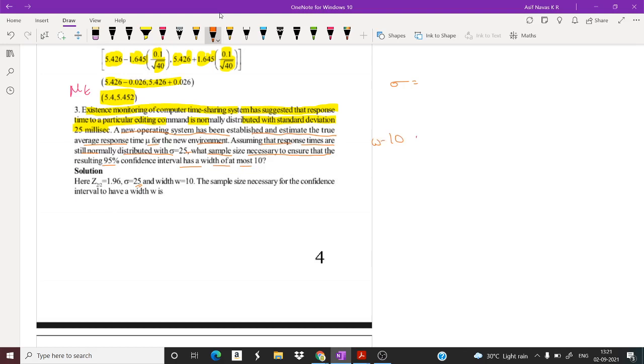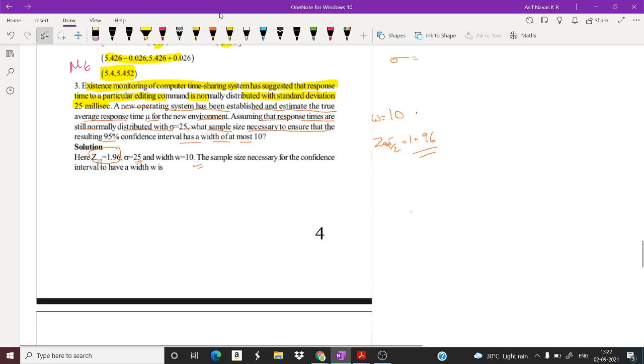So we want width at most 10. So a 95% confidence interval means z alpha by 2 is 1.96.